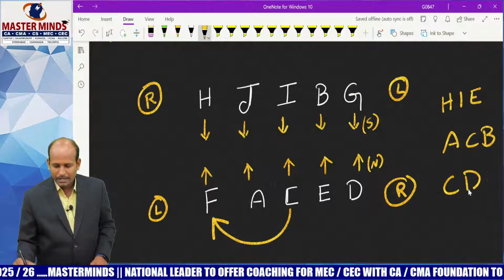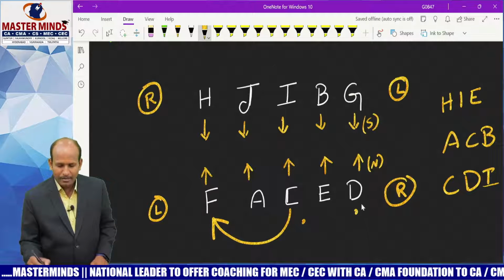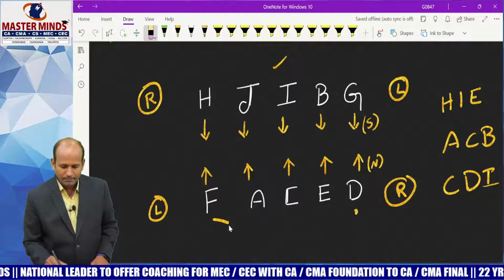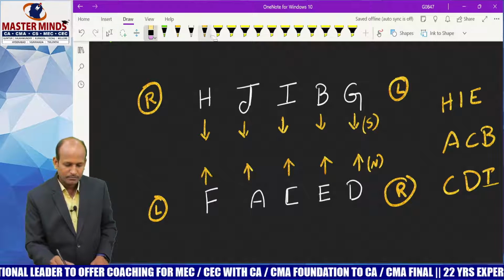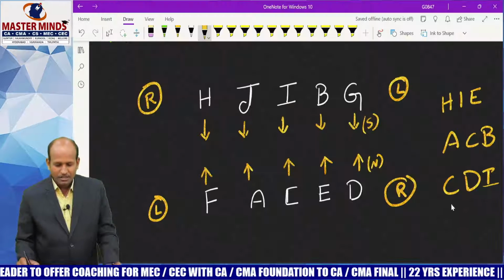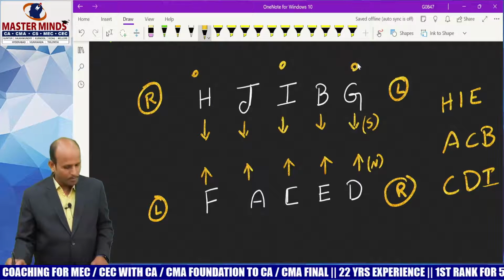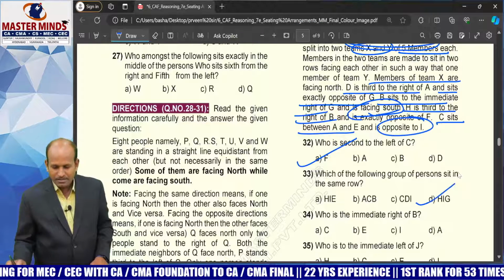C, D, I: C and D are in the same line but I is in the opposite line. So these three are also not in the same line. Next, H, I, G: yes, all three members are in the same line. Then your answer is H, I, G.